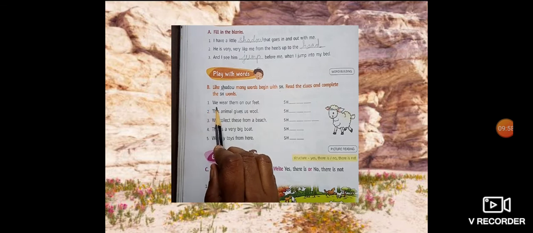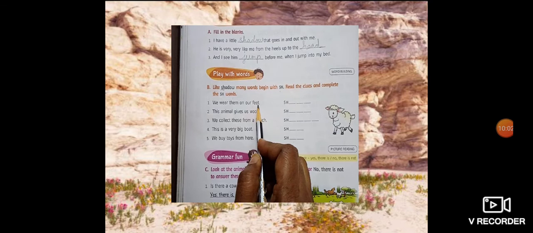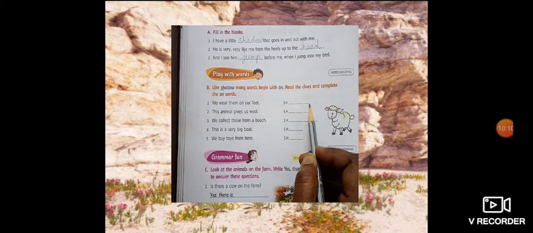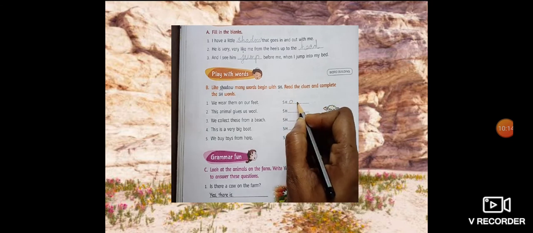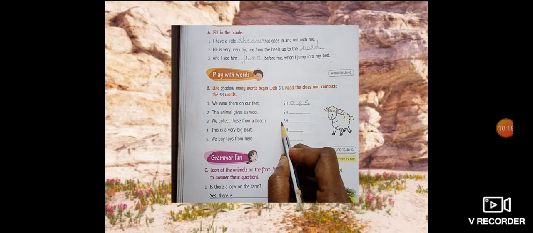Okay, first one, we wear them on our feet. What do we wear on our feet? Shoes, right? It starts with SH. What is the spelling? Shoes. S-H-O-E-S.